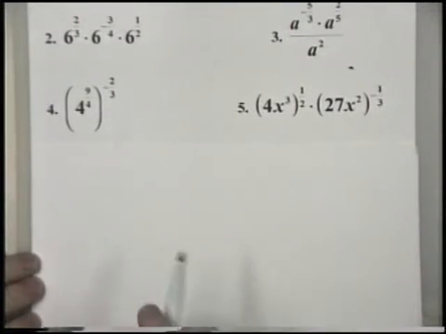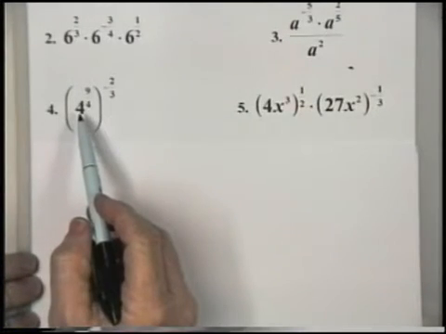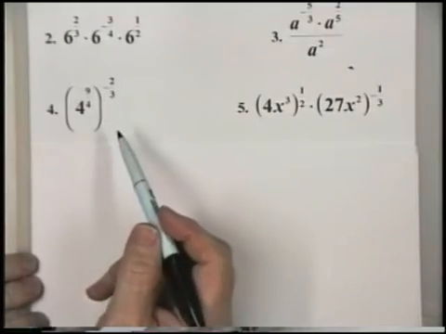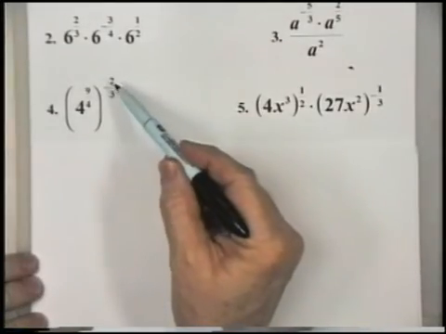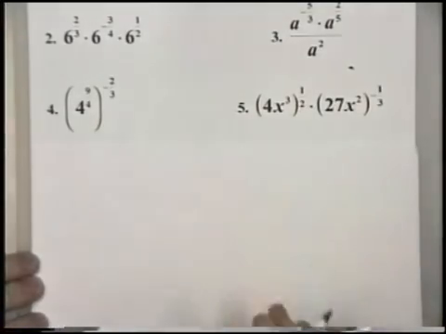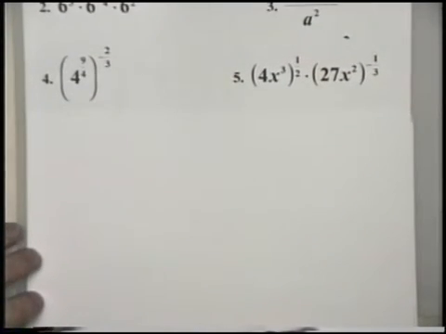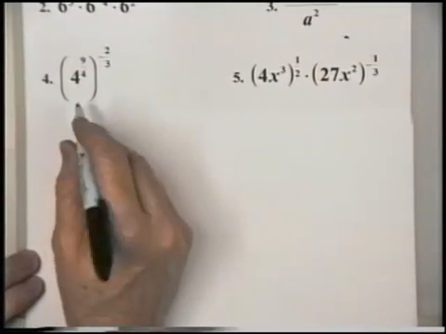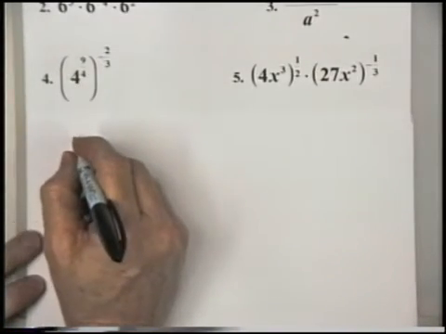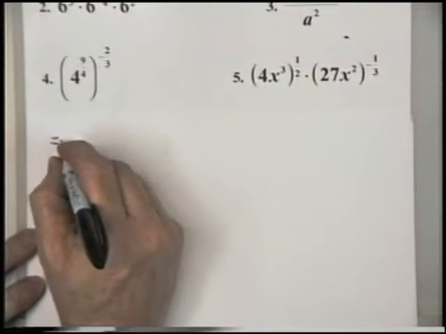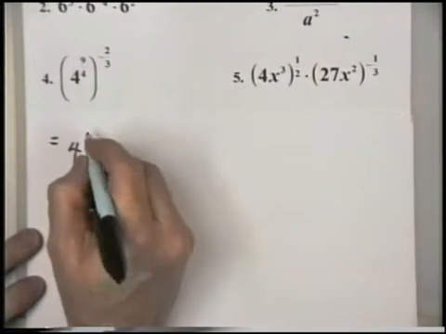Okay, here's a couple more. 4 to the 9/4 quantity raised to the negative 2/3. Well, that's just a power of a power, and we know what we do with powers of powers. We multiply the exponents together.